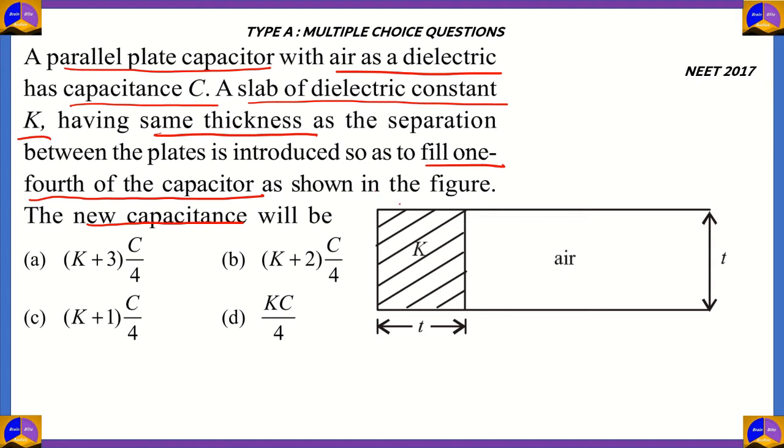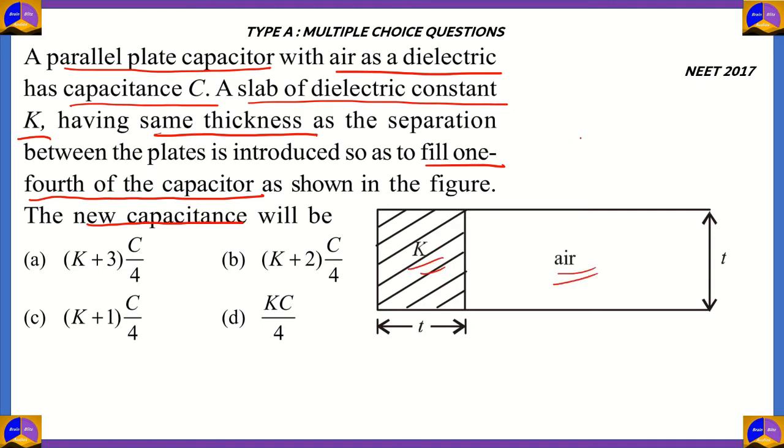As you can notice, you have two plates which are parallel to each other, and you can see that 1/4 of the space between the plates is occupied by a dielectric of constant K, and the rest is occupied by air.